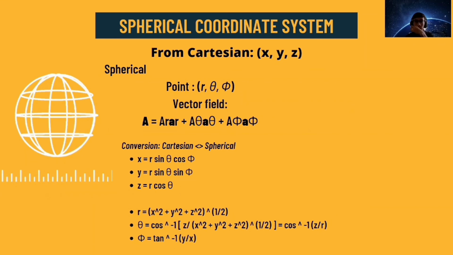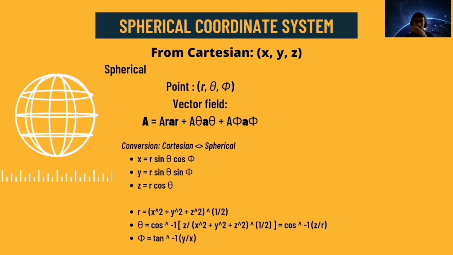So from these two slides, we can say that we will use Cartesian as our reference to convert either from cylindrical to spherical through Cartesian or from spherical to cylindrical also through Cartesian. We can also convert directly from cylindrical to spherical and spherical to cylindrical, but it is a different method with a different formula.